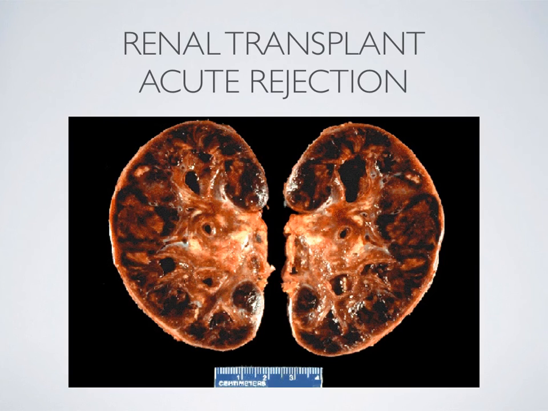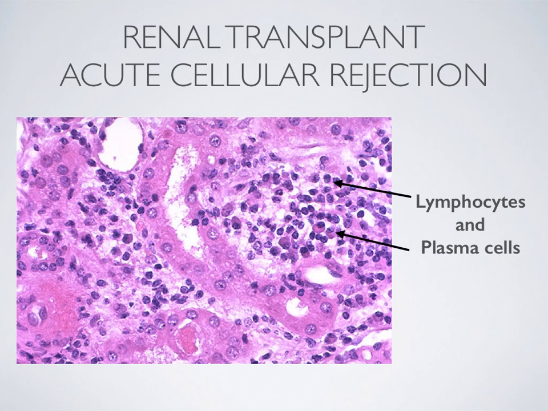And you can see this is actually really swollen and it's full of blood. So there's a lot of inflammation and necrosis going on in this tissue. That's what you see grossly. Now let's look at what you would see microscopically.